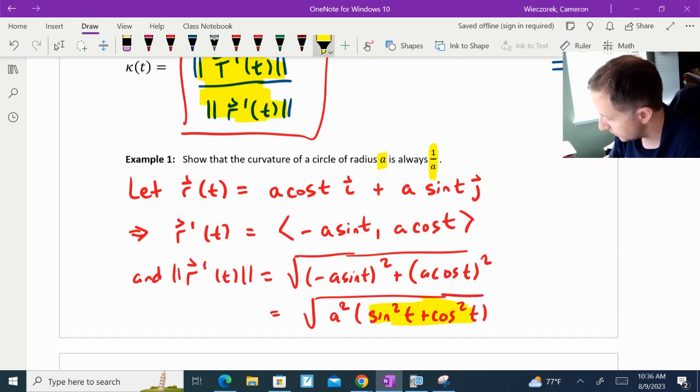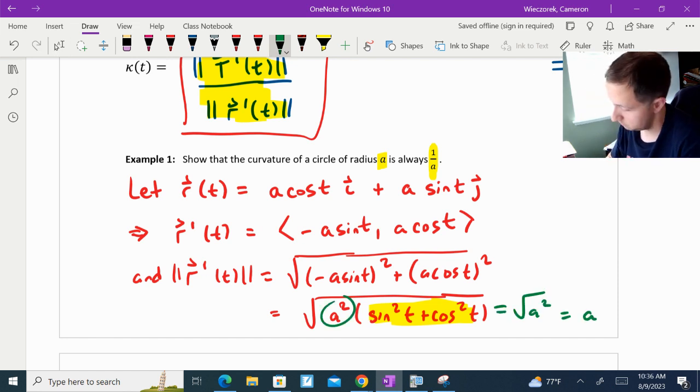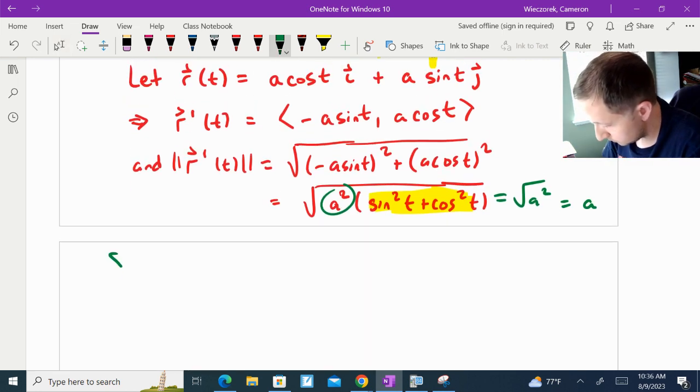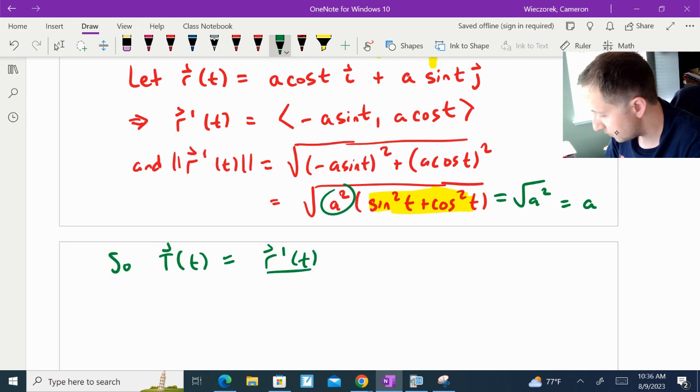Our favorite Pythagorean identity, that's equal to 1. So I just have the square root of a squared, which is a. So the magnitude of that tangent vector would be a. Okay, so keep going here. Now we can define capital T. Our unit tangent vector is going to be the tangent vector divided by its magnitude.